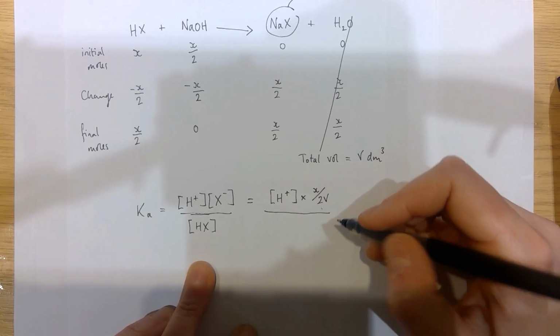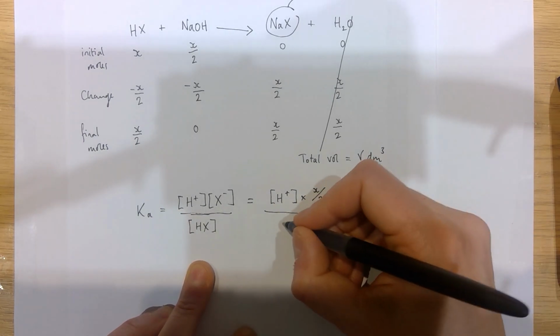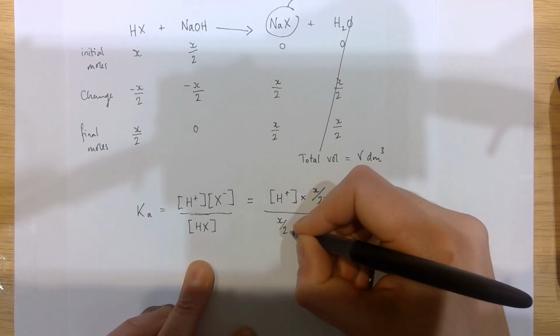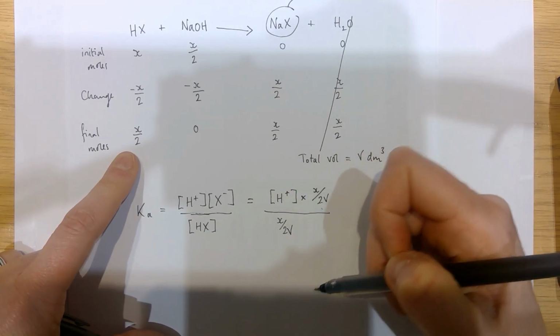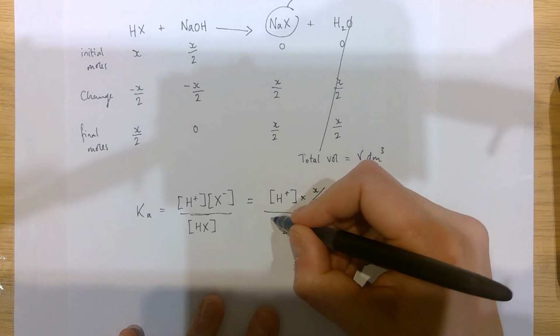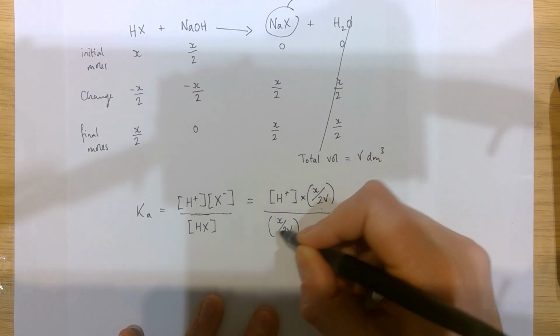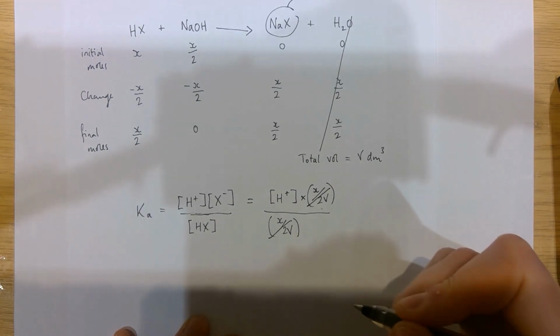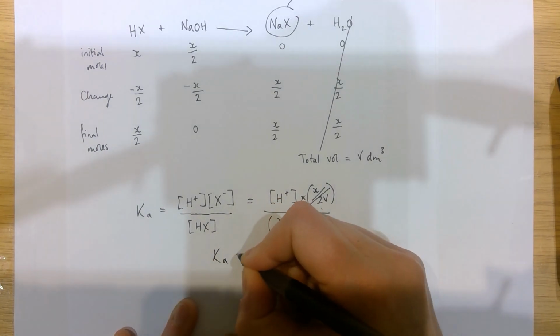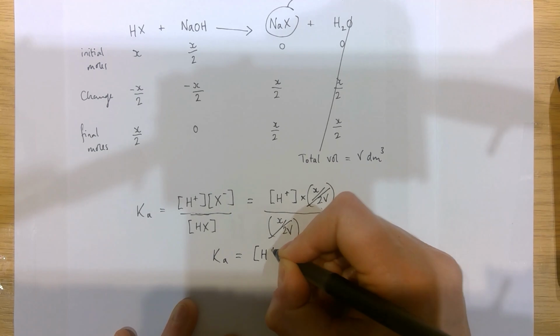And then divided by concentration of HX, which is X over 2V again, because moles divided by volume. And you'll see, looking at this, that these two cancel. They're exactly the same value. So at the half neutralization point, Ka equals concentration of H plus.